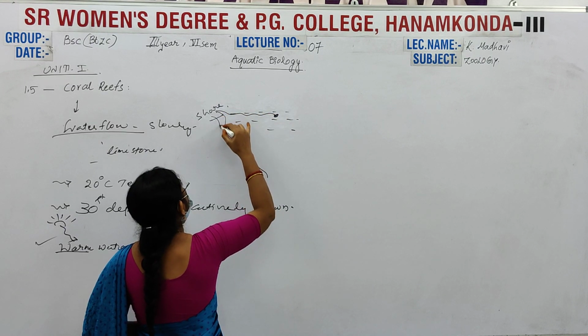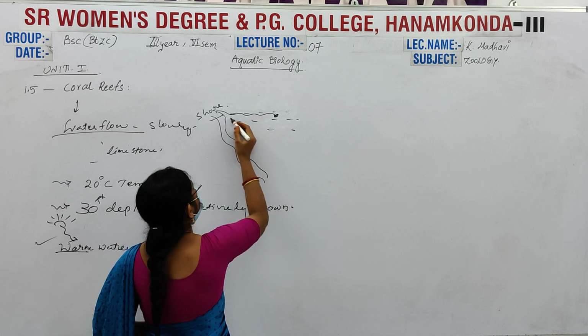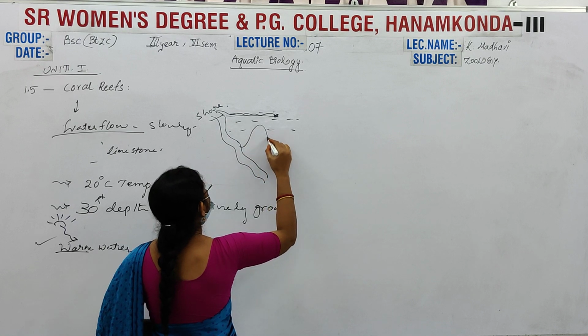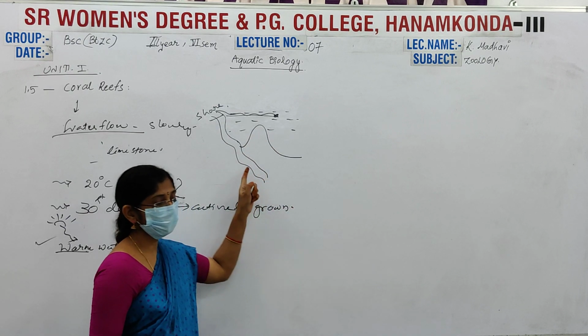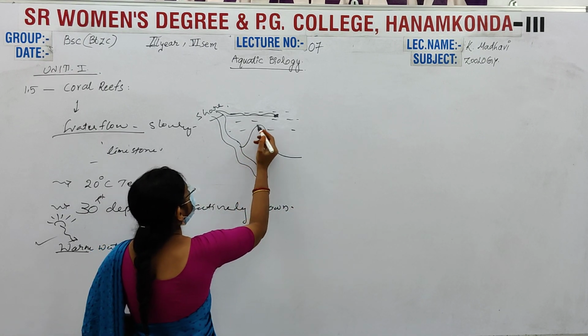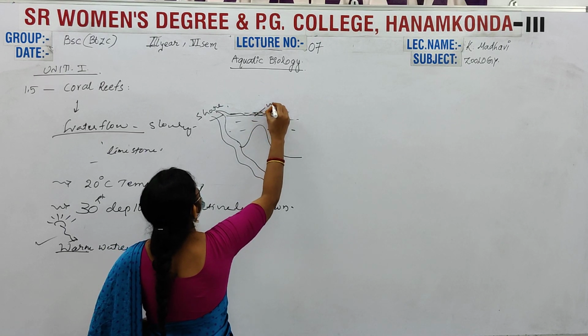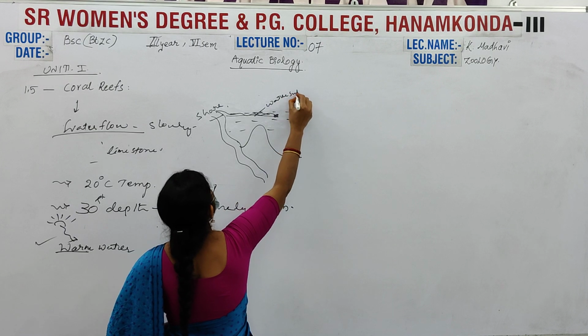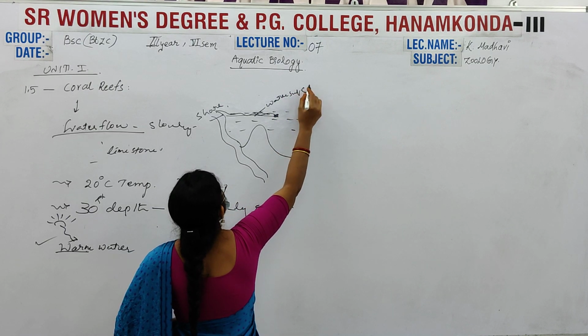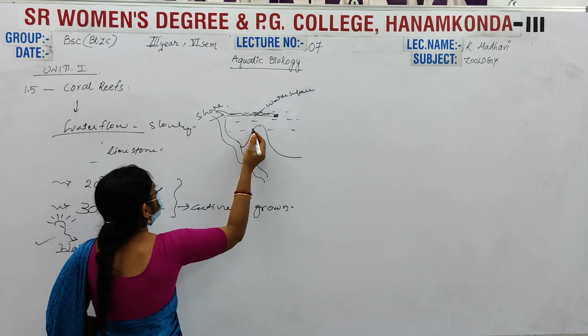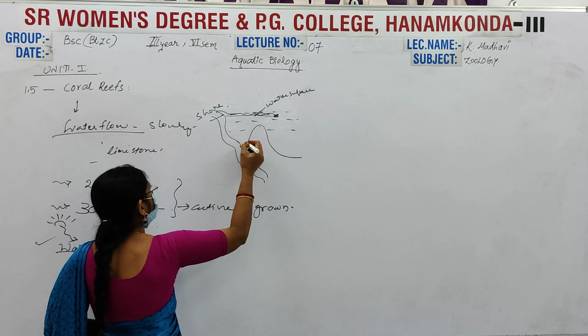Here this is the shore region, and they extend from the shore into the sea, growing like this. These corals are very near the water surface. Here is the water surface. On this water surface, these are coral formations. These coral reefs are formed.